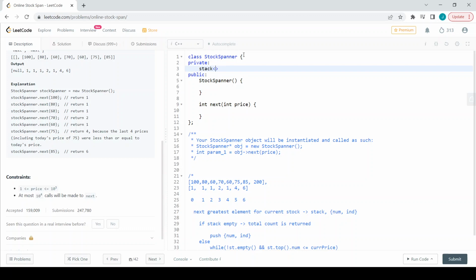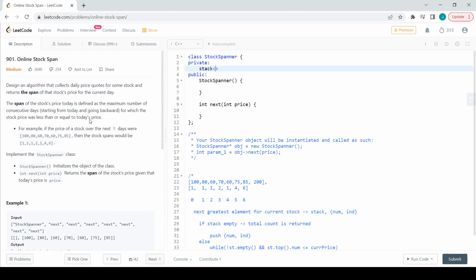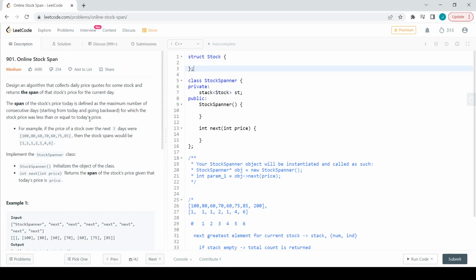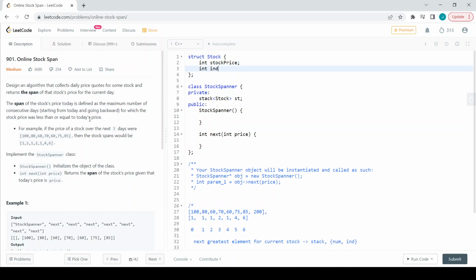I am going to store a struct stock, and I will define this stock here. So struct stock is nothing but int stock price and int index.